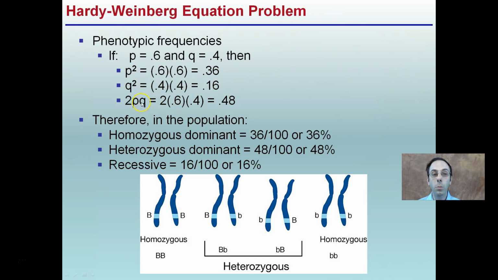And the heterozygotes, 2pq, 2 times 0.6 times 0.4, is 0.48. What these decimals refer to is the homozygous dominant represents 36% of the population. The heterozygous is 48%. And the recessive is 16%. Hopefully this is helpful, and I'll go through an example here to help you understand how to calculate the Hardy-Weinberg equation.